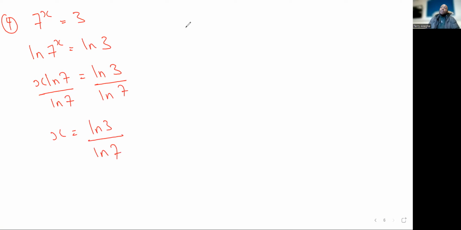If, for instance, you don't like ln, you can take logs. So you can take the log to base 7 of both sides to cancel out the 7. So it's going to become log to base 7, 7 raised to the power x is equal to log to base 7, 3. Are you seeing it? Then you bring down x.